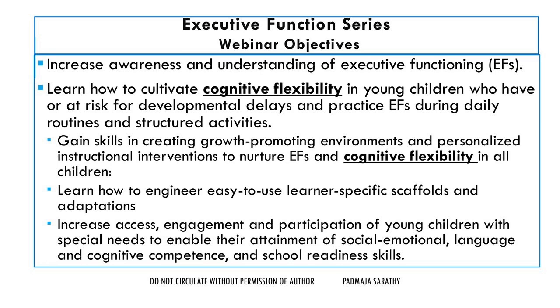And today, the webinar will focus on flexibility in thinking, cognitive flexibility, especially how do we cultivate that in young children. As a matter of fact, all of us need cognitive flexibility so that we can look at things from different perspectives. We are open to recommendations and suggestions, and we have an open mind, which broadens our thinking. And how do we nurture that in young children?